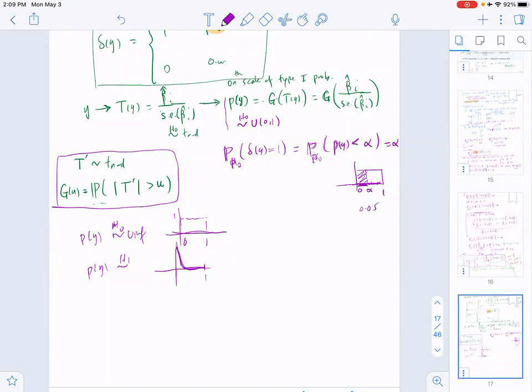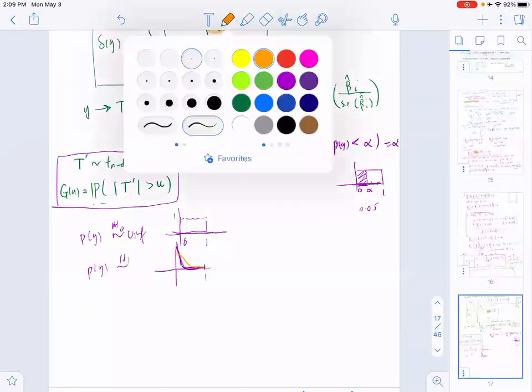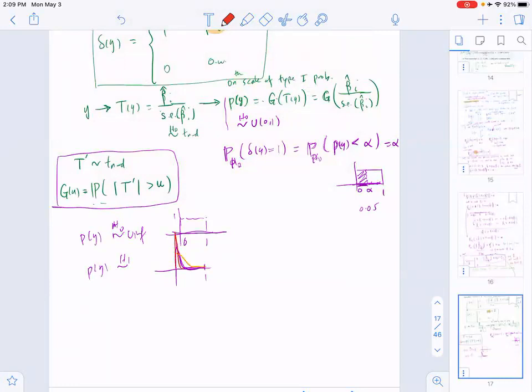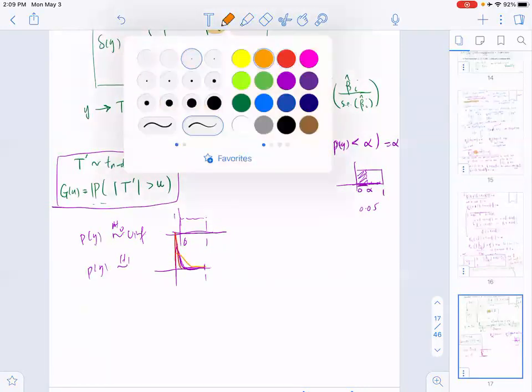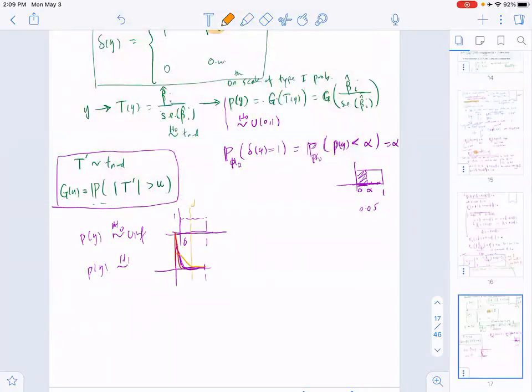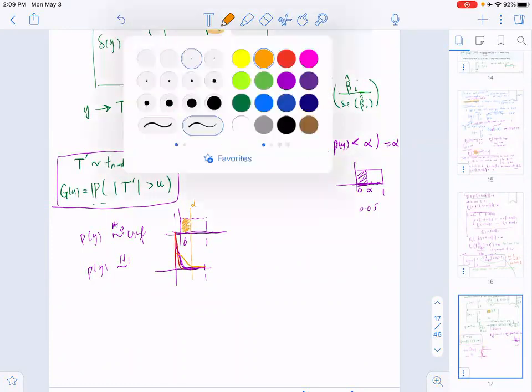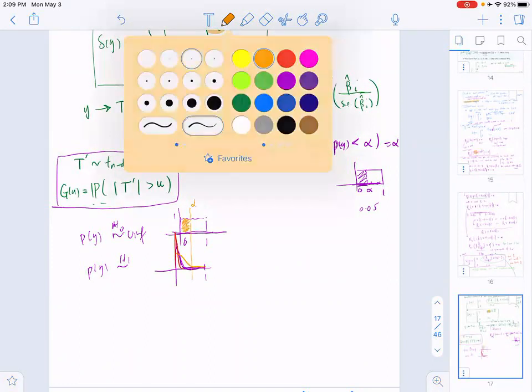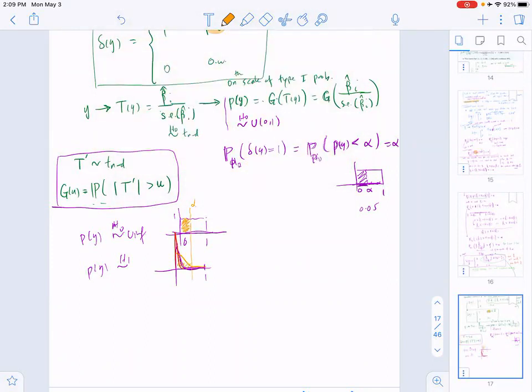It could look like this, or like that, or even like this. The more concentrated towards zero, the higher the power of the test. When you reject at level alpha, the probability of type 1 error is the area here, and the power is the area under this curve. The more concentrated towards zero it is, the higher the power.